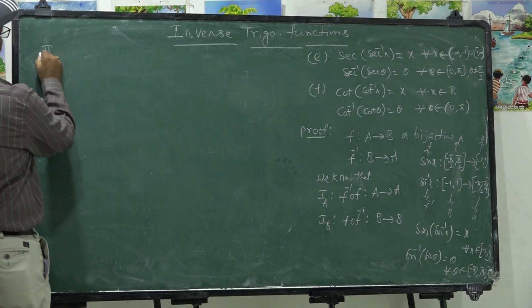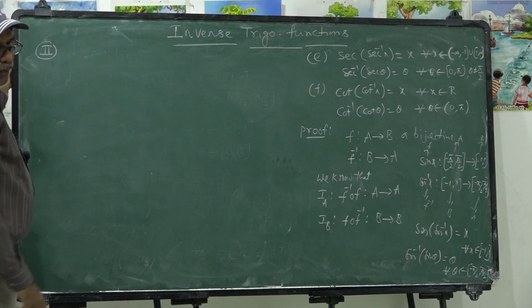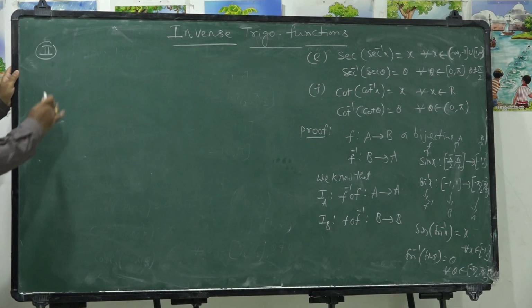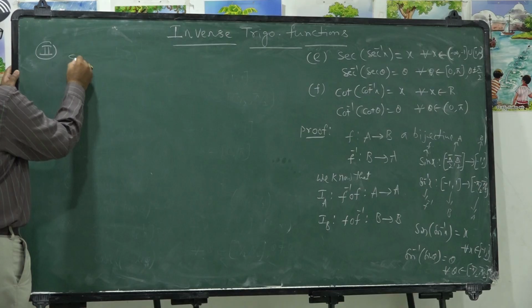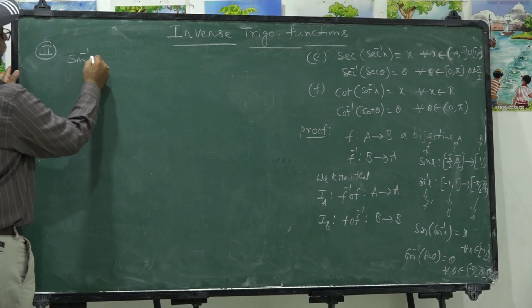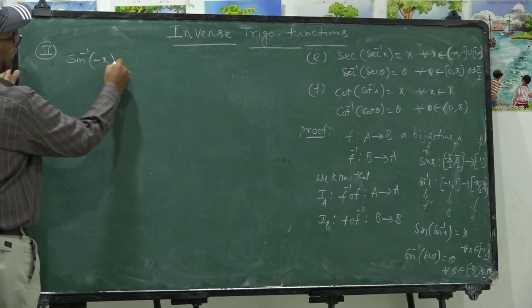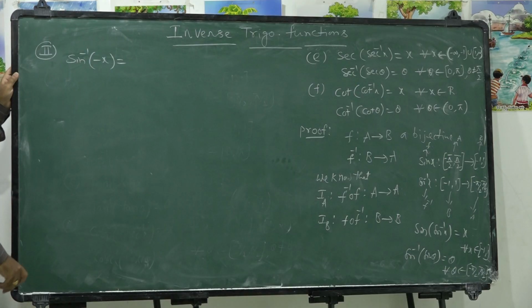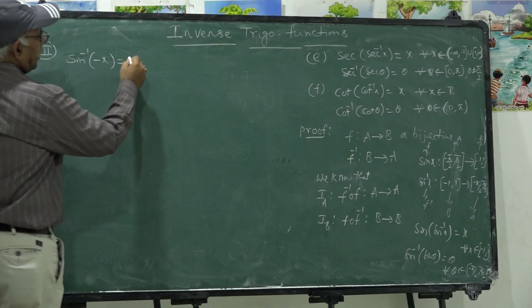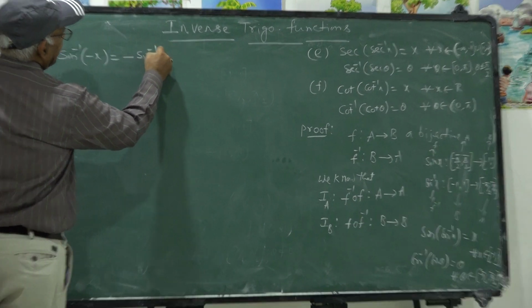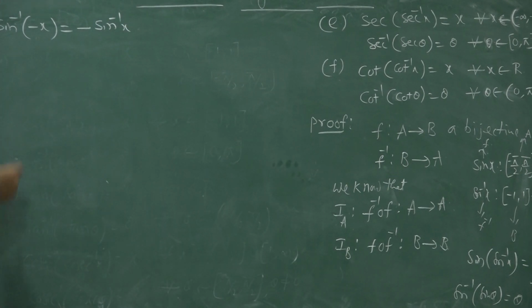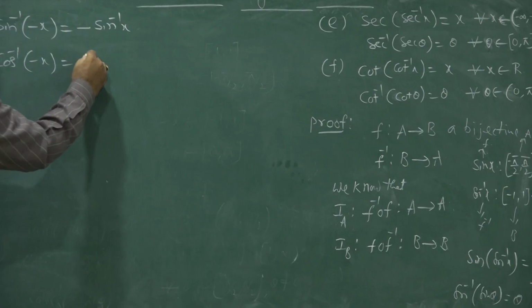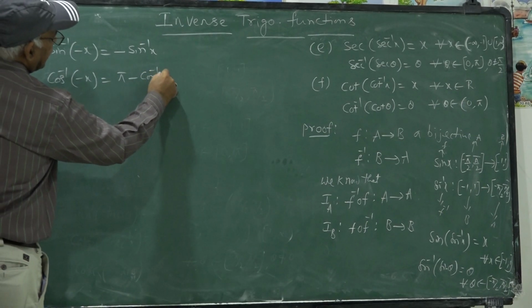Now, coming to the second property. Sin inverse of minus x is minus sin inverse x. Similarly, cos inverse of minus x is pi minus cos inverse x.